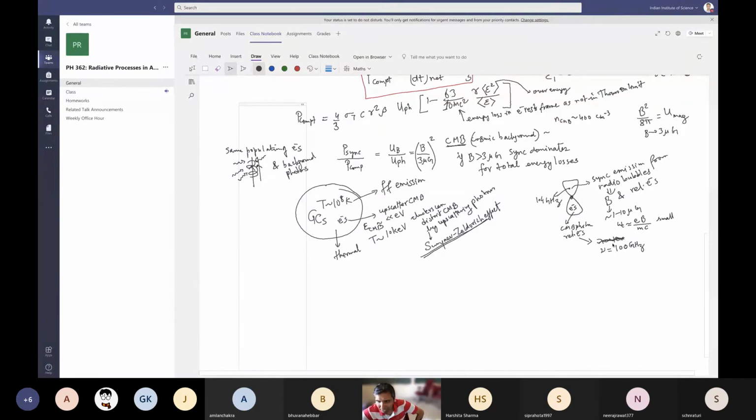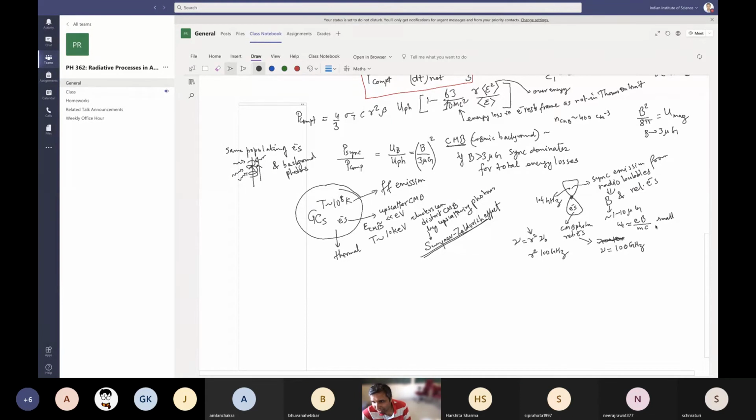So what happens is that nu equals gamma squared nu naught, right? This gamma squared factor comes from going from the lab frame to the rest frame and back to the lab again. So this 100 gigahertz photon goes to gamma squared times 100 gigahertz.